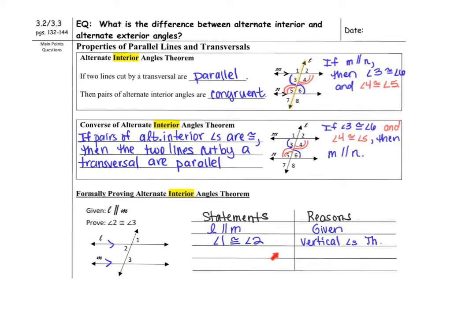So your next line has to contain angle 3, but we still can't use alternate interior. What angle relationship does angle 3 have with angle 1? Angles 3 and 1 are corresponding angles, and corresponding angles are congruent. So angle 1 is congruent to angle 3 by the corresponding angles postulate.